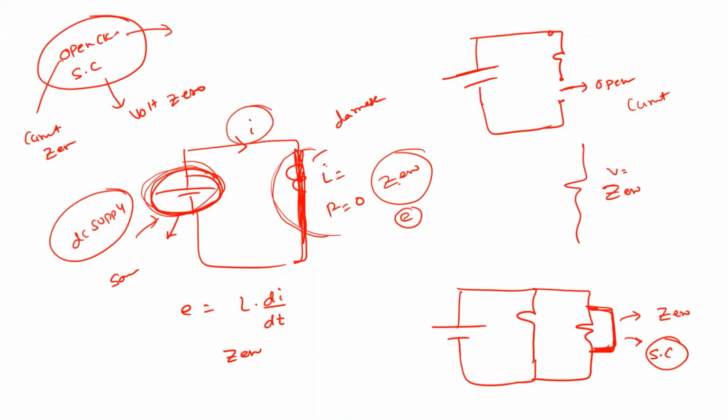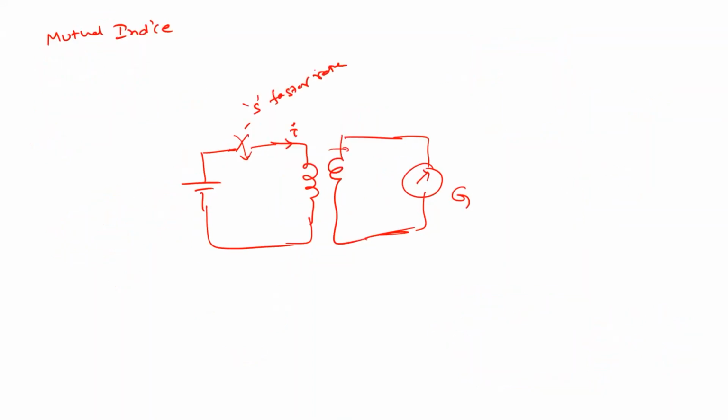If a switch is connected, it may damage the switch also, right? That's why we need to operate this at a faster rate. We need to break the circuit again, turning on and off, so that we have some finite value of current instead of infinite current.